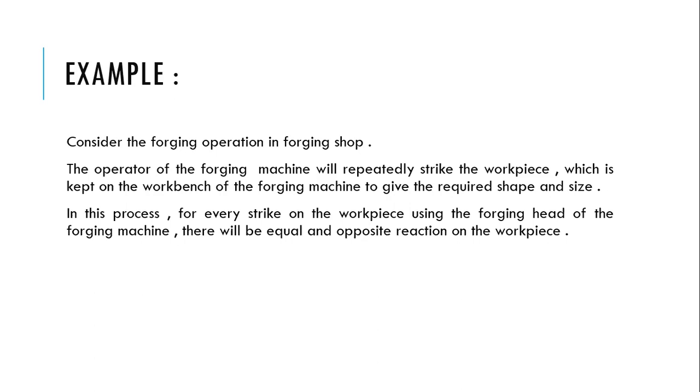If the forging head is dropped suddenly, creating an impact force on the workpiece surface, the geometry of the workpiece may change due to the impact force. This clearly shows that for every strike of the forging head, there is an opposite reaction produced on the workpiece surface, changing its geometry through physical deformation. So this is also one of the examples of Newton's third law, the classical theory.